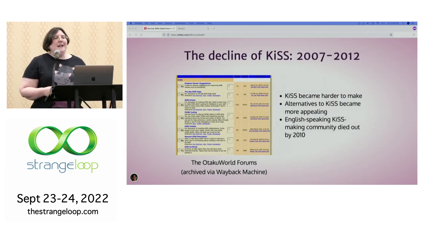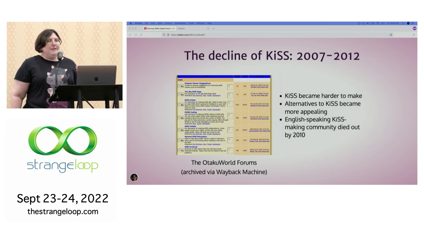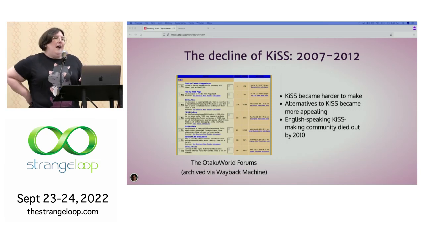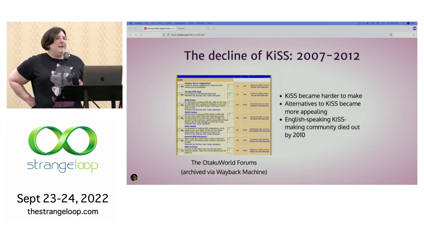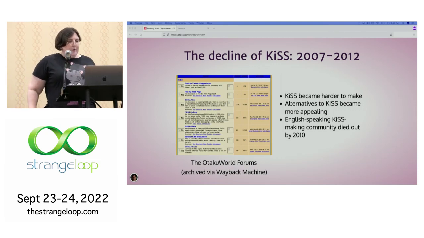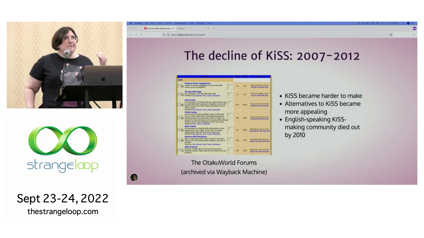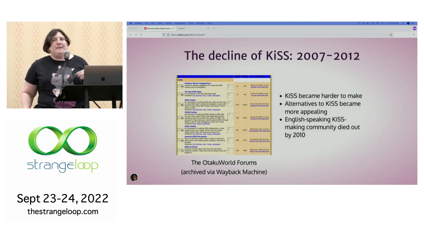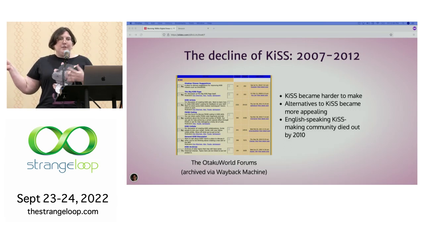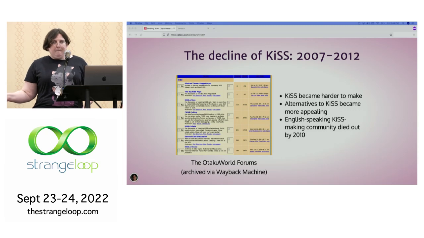Unfortunately, KISS really started to decline around 2006, 2007, at least in the West, because KISS became a lot harder to make. That was mostly because new operating systems were coming out, people were upgrading their computers, and suddenly all the tools that all the old tutorials were written for stopped working.